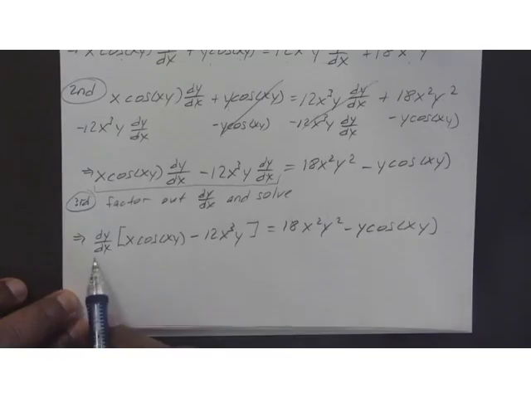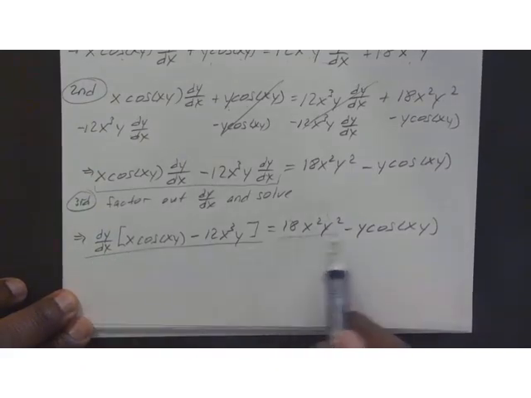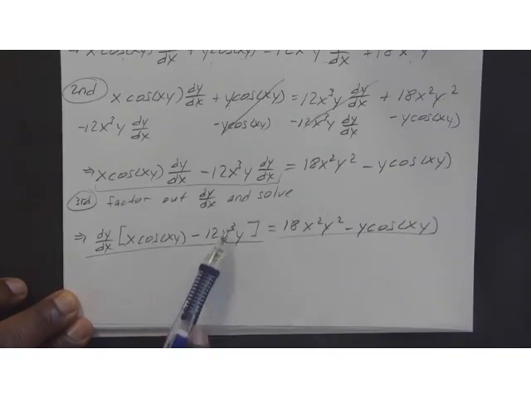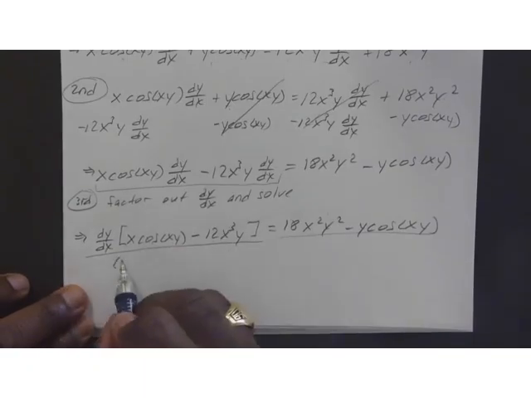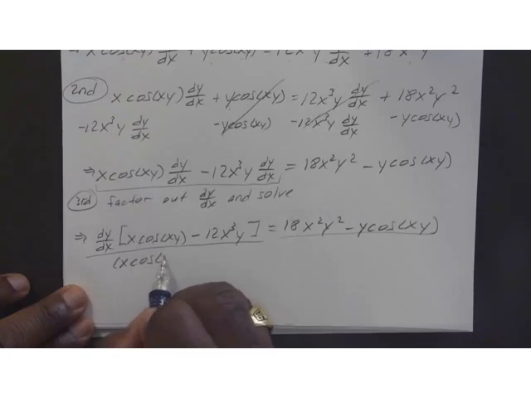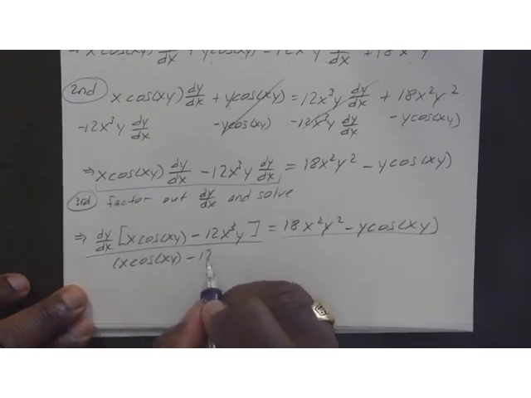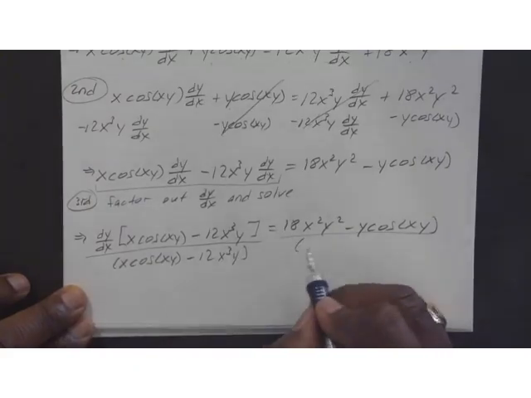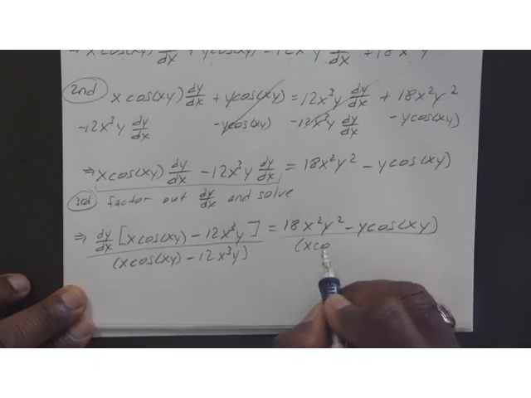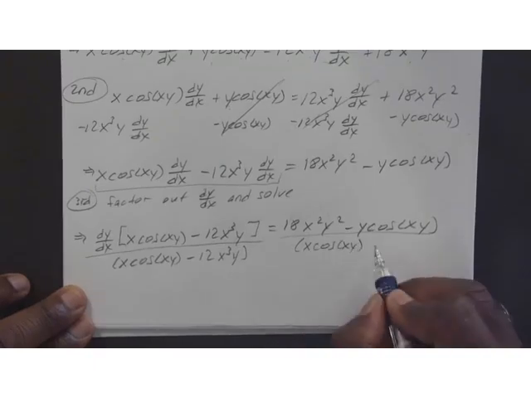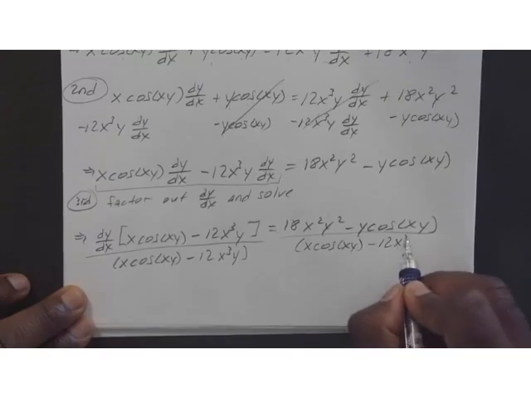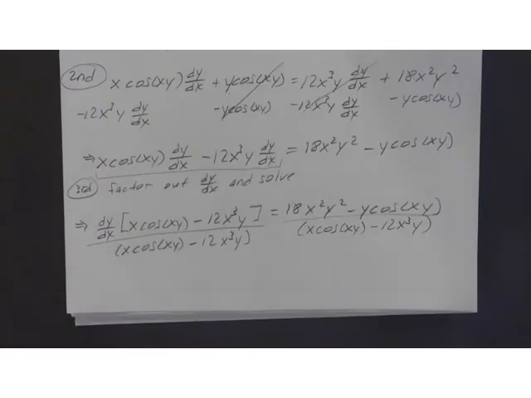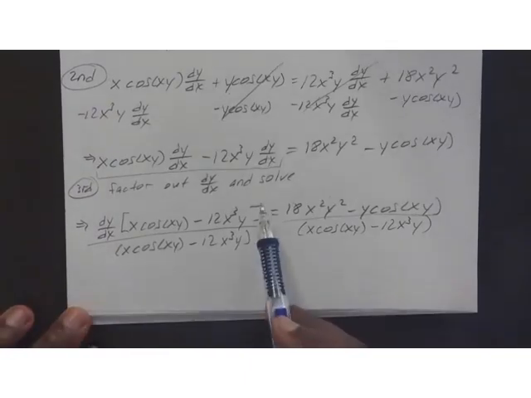So now all we have to do is divide both sides by x times cosine of xy minus 12x to the third times y. And this side by x times cosine of xy minus 12 times x to the third power times y. Where anything divided by itself is just equal to 1.